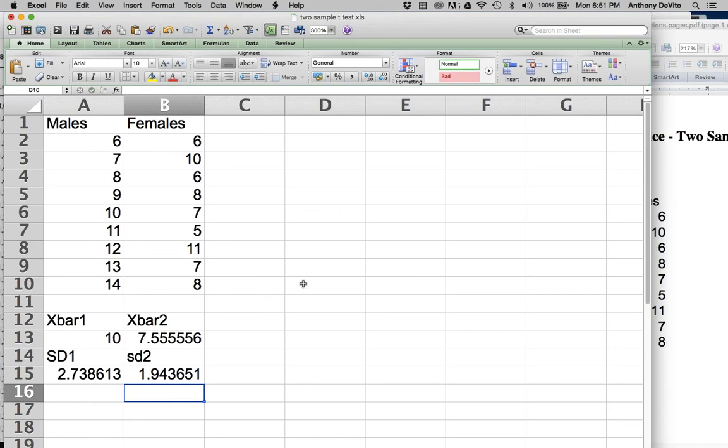Okay, it's about 1.94. Now it's going to be kind of tough for us to make a judgment on this. You might say to yourself, if the standard deviation of one group is twice the standard deviation of the other group or more, maybe you'd be a little uncomfortable saying that they're equal standard deviations and pooling the standard deviations.